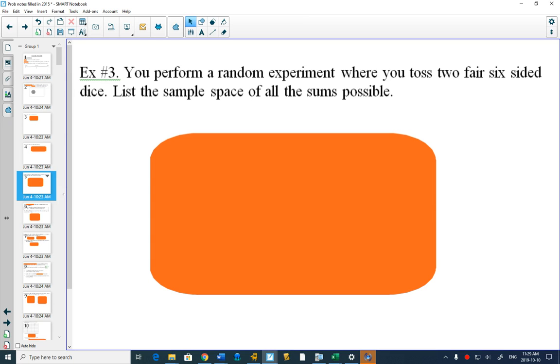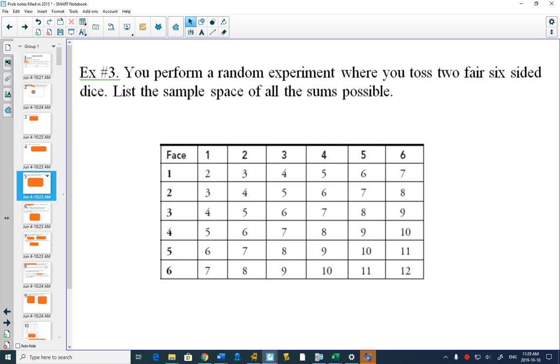I could have got a 6 and a 3. How do we write that sample space and write out all the possible sums? Well, we could do a chart. Here, this is our red dice, because I had a red one, and this is our white dice.